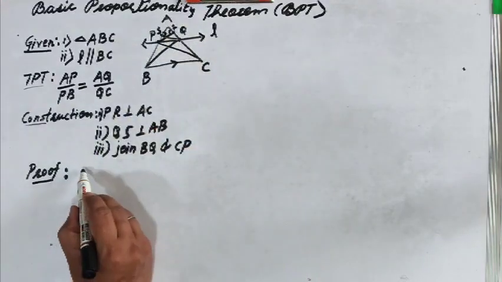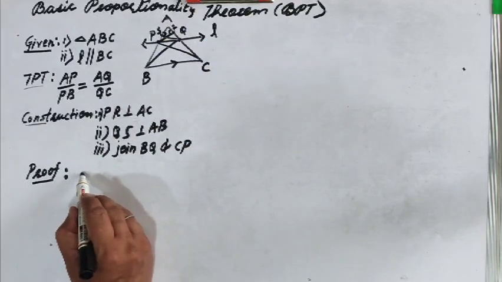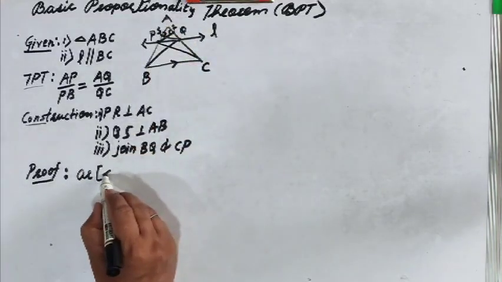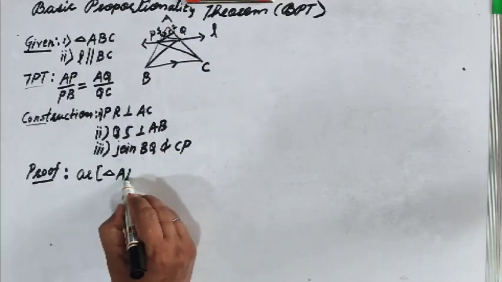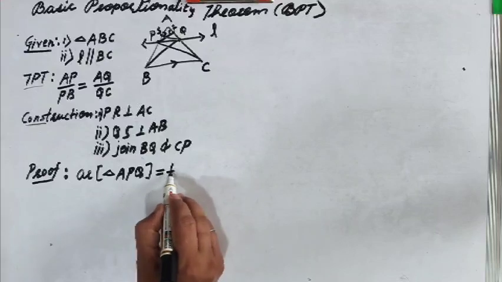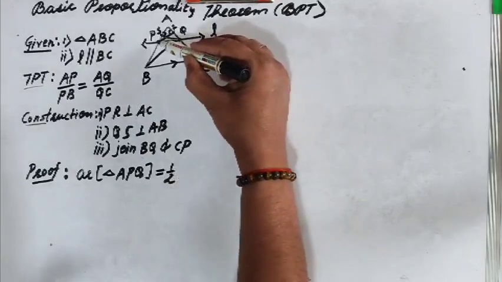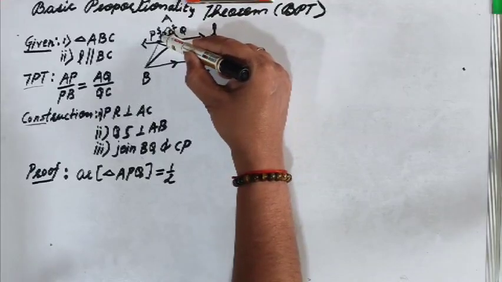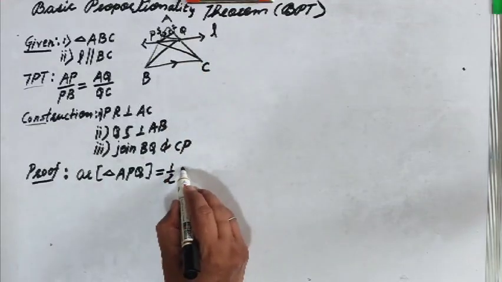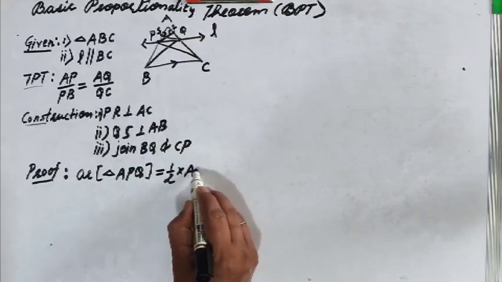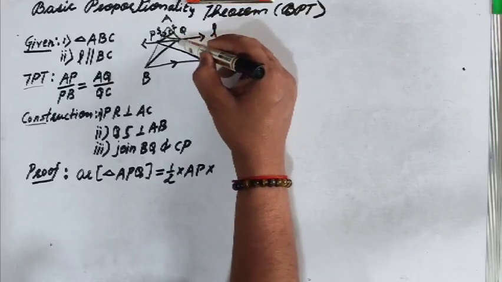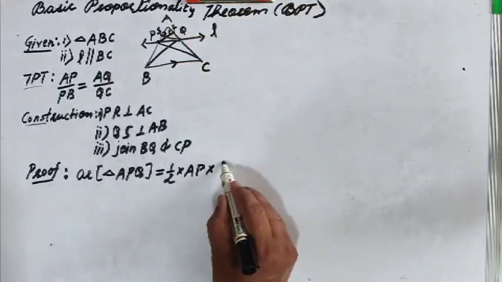I am writing here area of triangle APQ, which is equal to 1 upon 2, and I am taking AP as the base of the triangle. So I am writing 1 upon 2 into AP into, now look here, this is the base AP and the height of the triangle is QS. So I will write here QS.